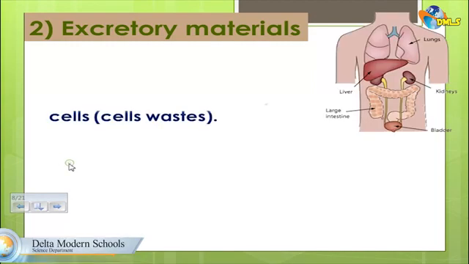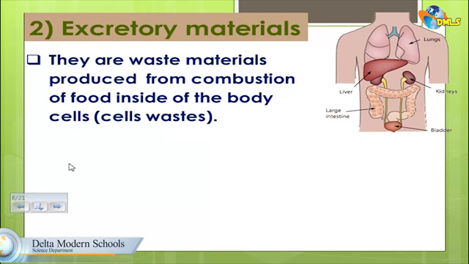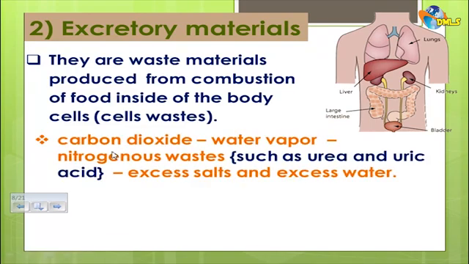The second type of waste is excretory materials. They are waste materials produced from combustion or burning of food inside the body cells, or cell wastes. Carbon dioxide and water vapor are expelled out of the lungs.